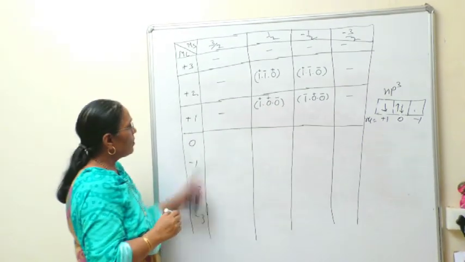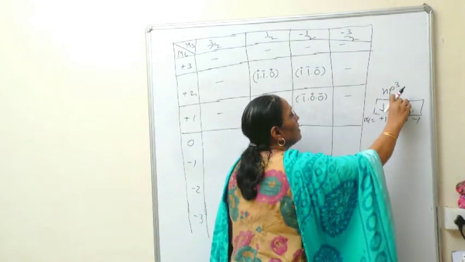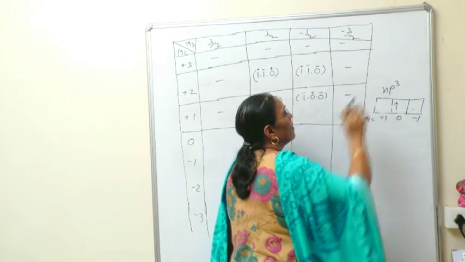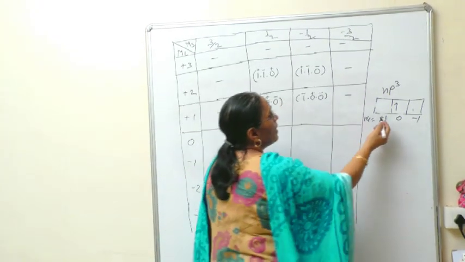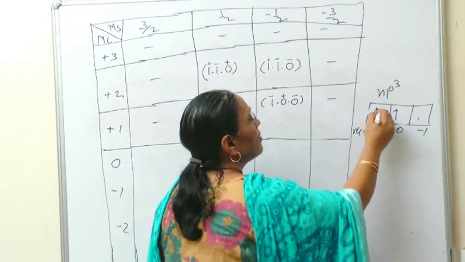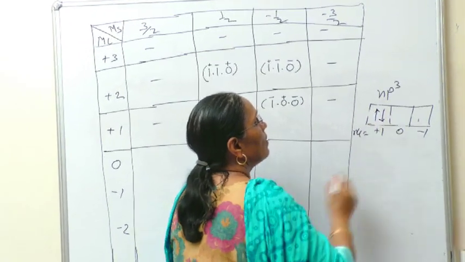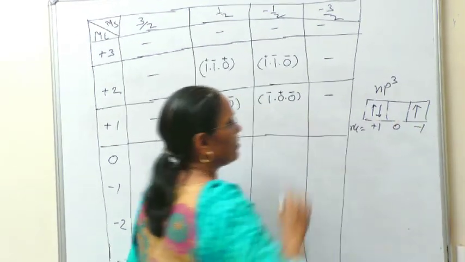One more possibility for getting this total ml of 1 is the electrons in 1, 1 and minus 1: 2 electrons in plus 1 and 1 electron in minus 1. So it is possible.